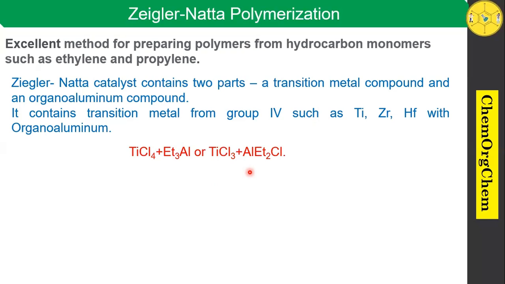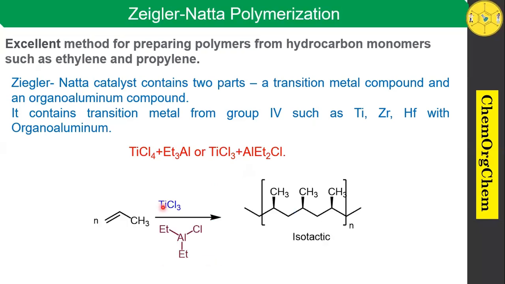However, titanium trichloride is the active species in this catalytic cycle. Now consider this common scheme for the preparation of the corresponding polymeric compound. When you take this propylene and use titanium trichloride in the presence of diethylaluminum chloride as a co-catalyst, it readily produces isotactic polymers.